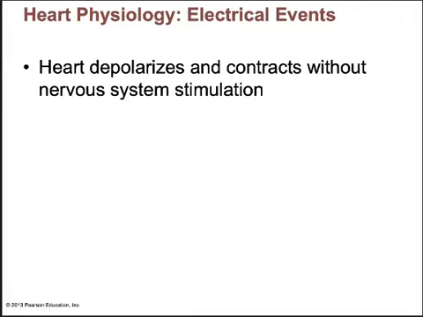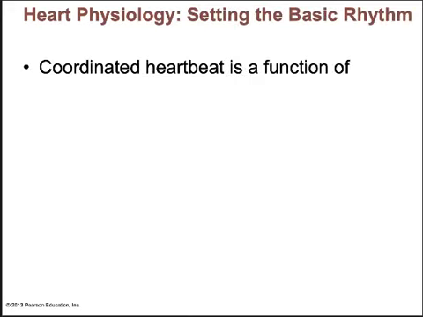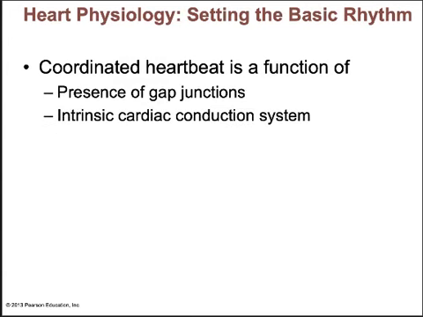The heart depolarizes and contracts independently of input from the nervous system, but it is governed by the sympathetic and parasympathetic divisions of the autonomic nervous system. Our coordinated heartbeat is the result, again, of this establishment of a functional syncytia, and the cardiac conduction system, which consists of the SA node, the AV node, the bundle of His, the right and left bundle branches, and the Purkinje fibers.